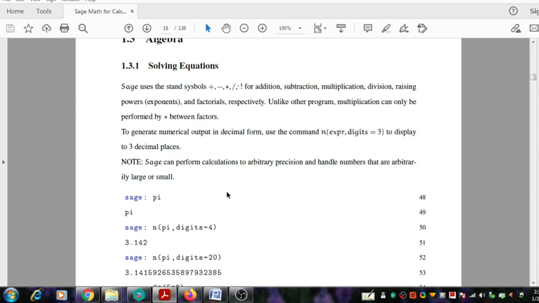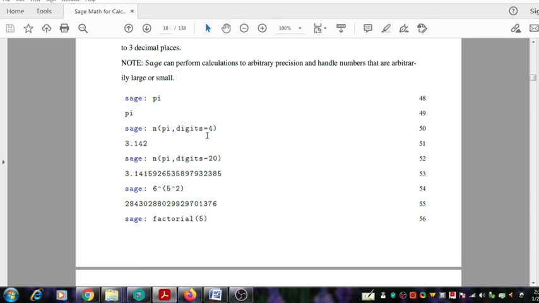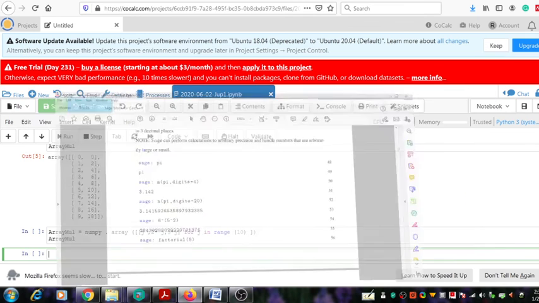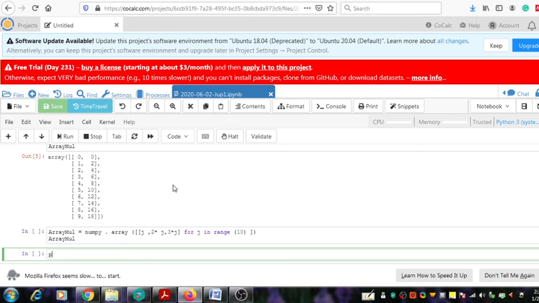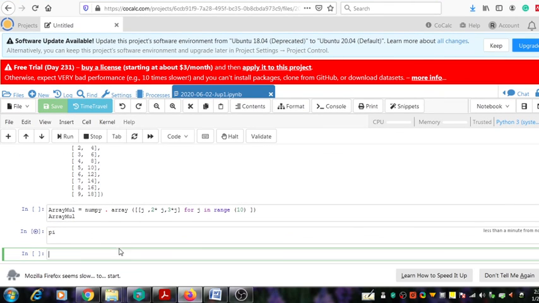Algebraic expressions we are going to see. Let's see how this works. First, just type pi, then Control Enter. Then you get nothing.